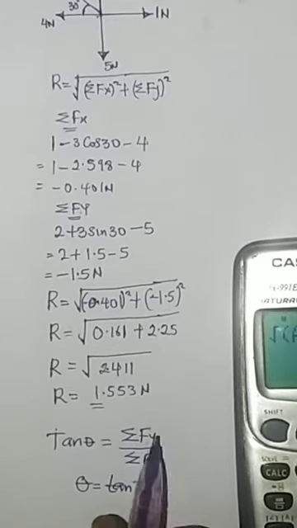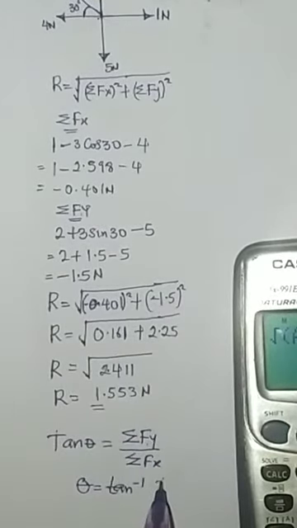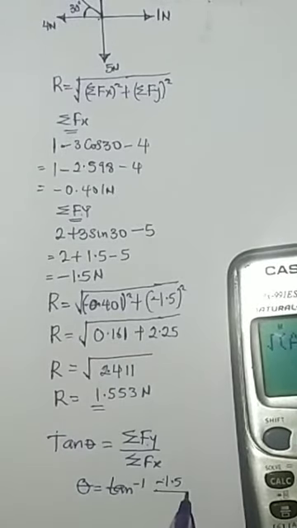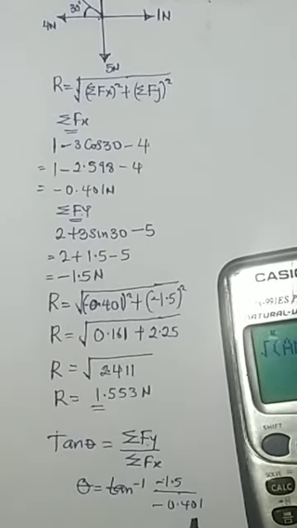So what is the f of y? F of y is given as minus 1.5, all over f of x, which is minus 0.401, which has been calculated. So when you do that, you have your value.